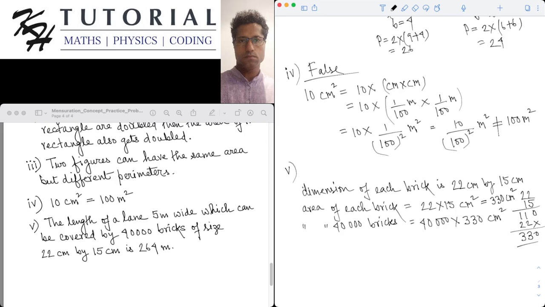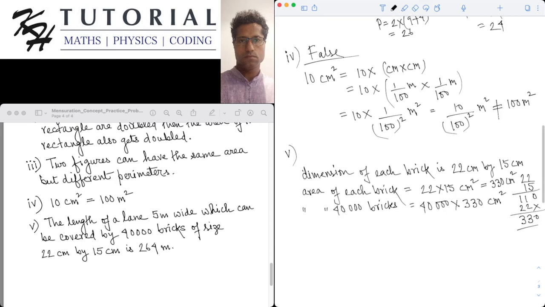Now we have to find what will be the length of the lane. We have found the area of 40,000 bricks in centimeter square, but the width of the lane is given in meter. So I think it is better that we convert the area of the 40,000 bricks from centimeter square to meter square. In the previous problem we have seen that centimeter square is equal to 1 by 100 square meter square.